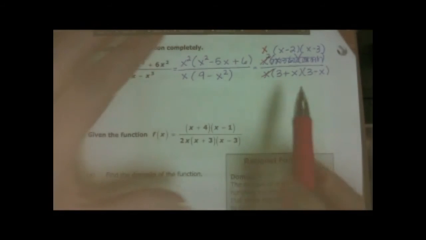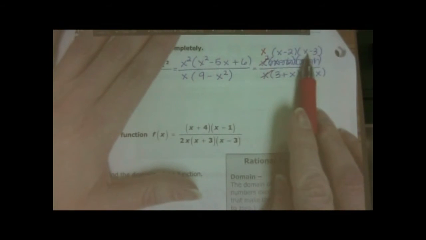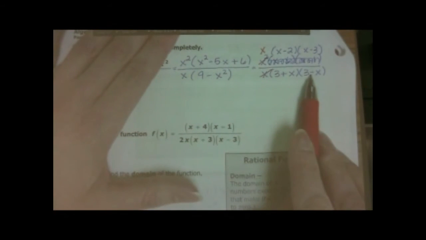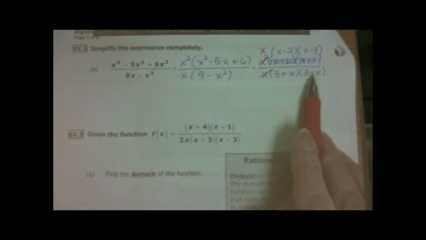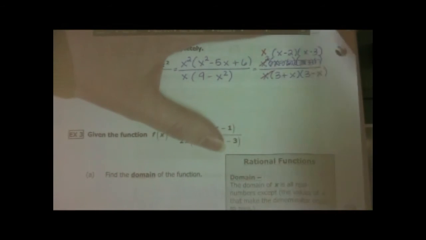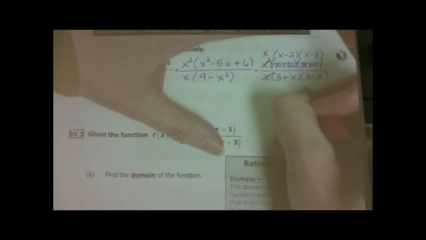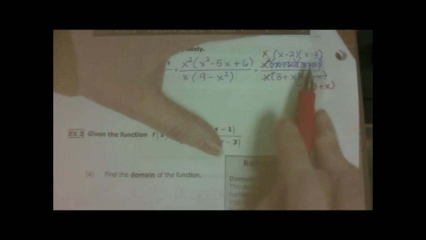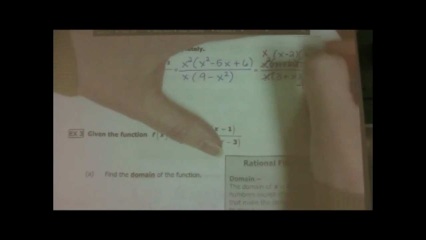Now, I have an x minus 3 and a 3 minus x. All right, remember, these aren't the same thing. These will cancel, but they don't cancel to 1, they cancel to -1. Because 3 minus x is the same as -1 times -3 plus x. So -3 plus x is the same as x minus 3.